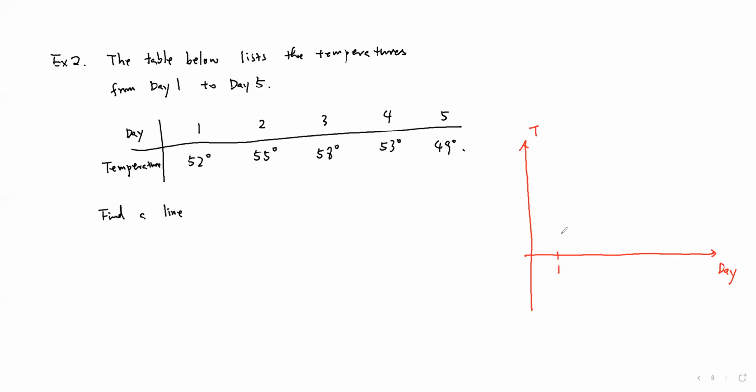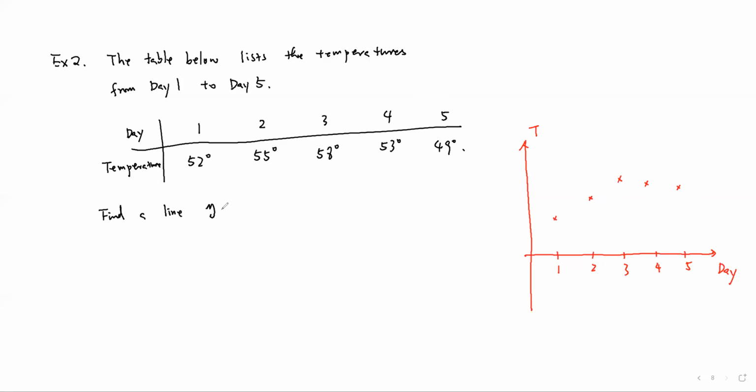Day 1 temperature 52, say here. Day 2, 55. Day 3, 58. Then day 4, 53. Day 5, 49.